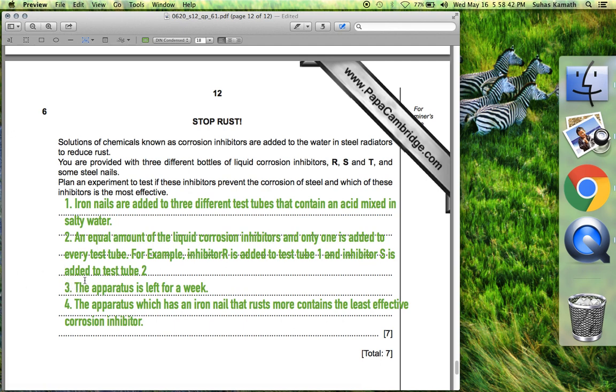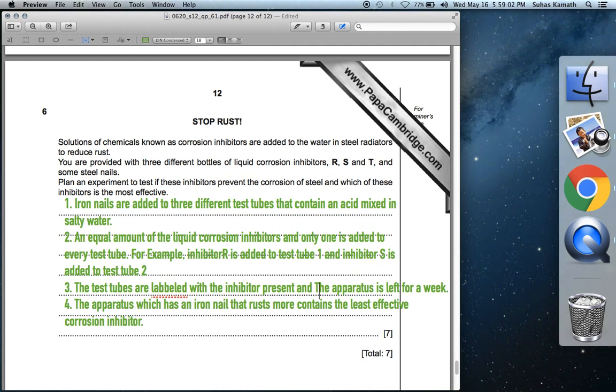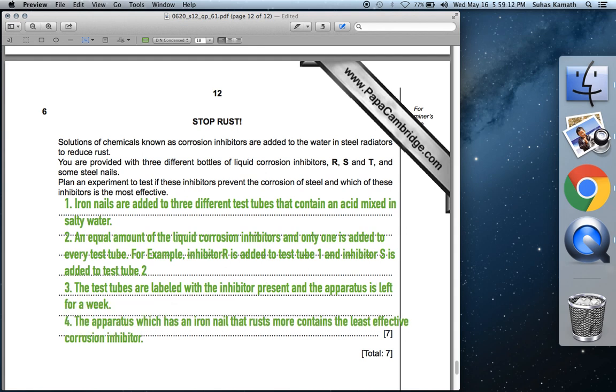Okay, so the test tubes are labeled with the inhibitor present and the apparatus is left for a week. The apparatus which has an iron nail that rusts more contains the least effective inhibitor.